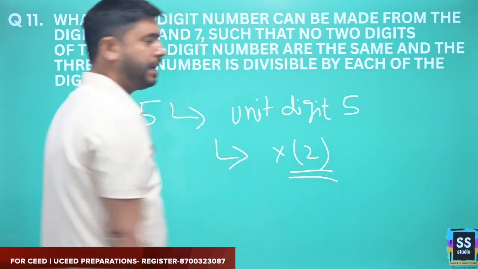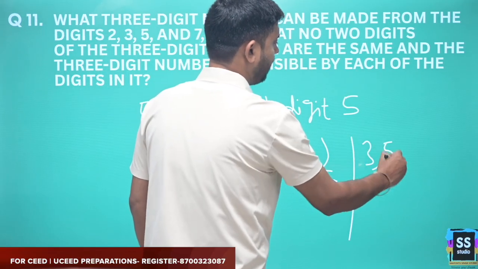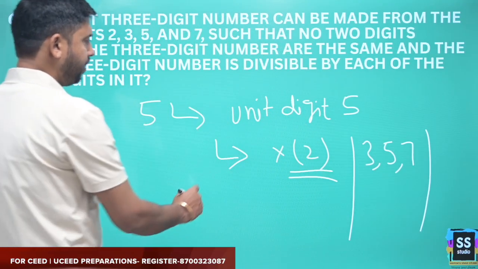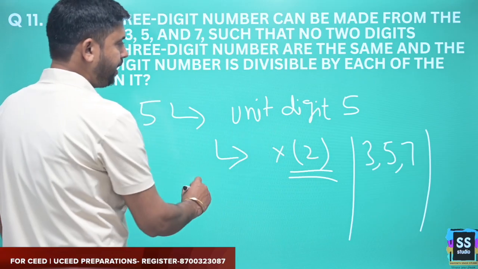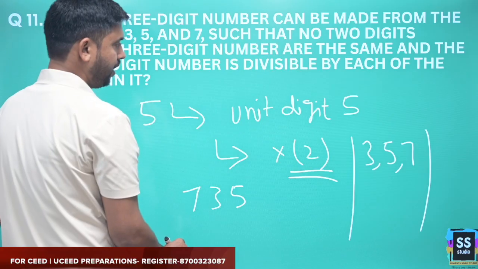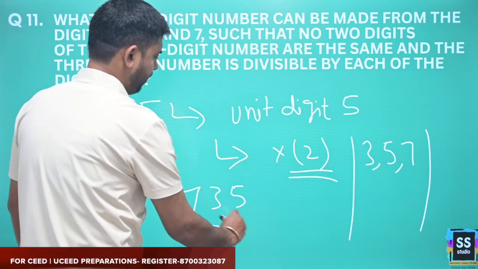So we eliminate 2 from the picture. We are left with 3, 5 and 7. Clear? Now over here we see that from this we can only approach 2 numbers, 735, and the other one is 375.